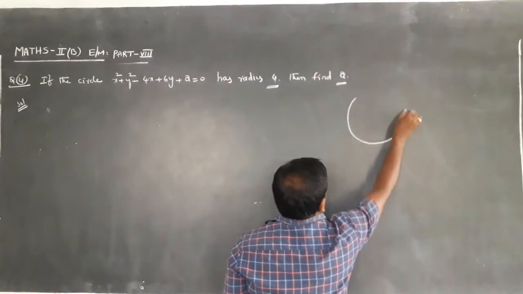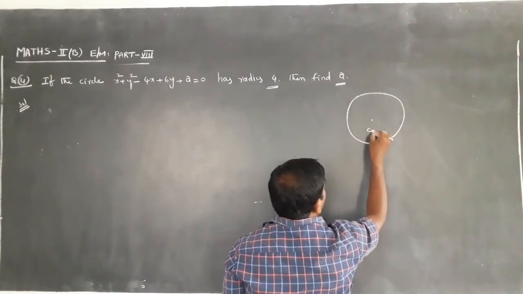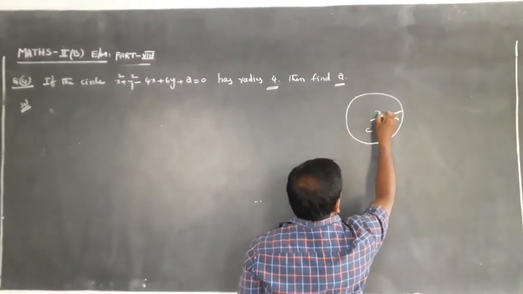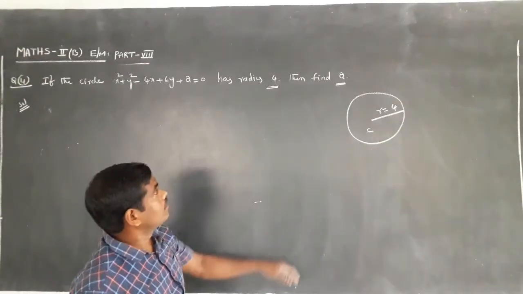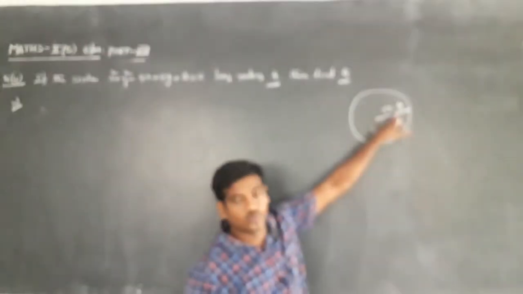This is the circle, this is the center of the circle, and this is the radius of the circle. Here it is given that the radius of the circle is equal to 4.